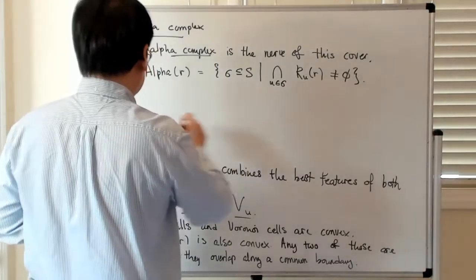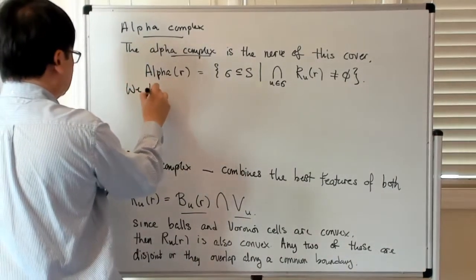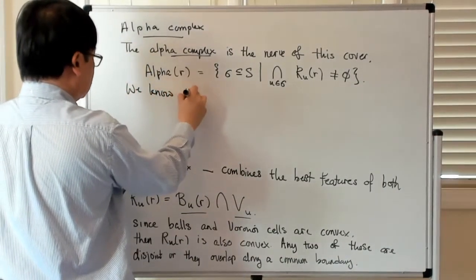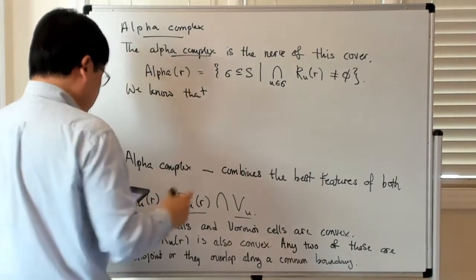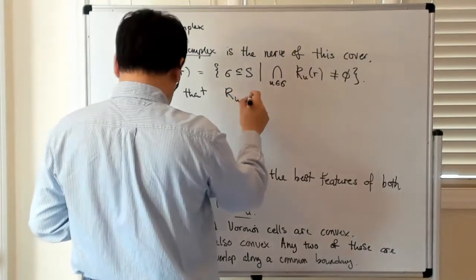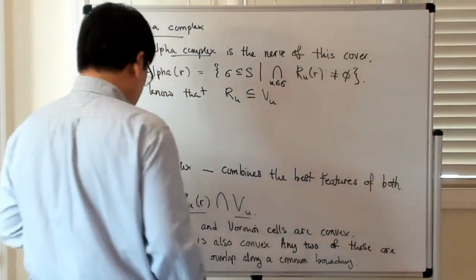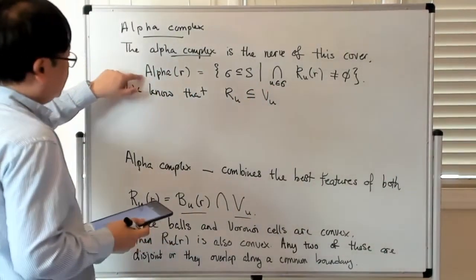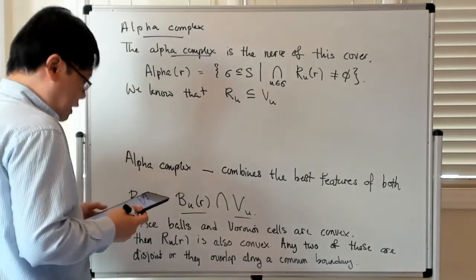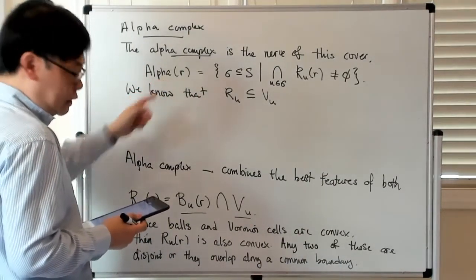So we know that RU is contained in VU. So what has to happen then is that this alpha complex has to be a subcomplex of the Delaunay complex.